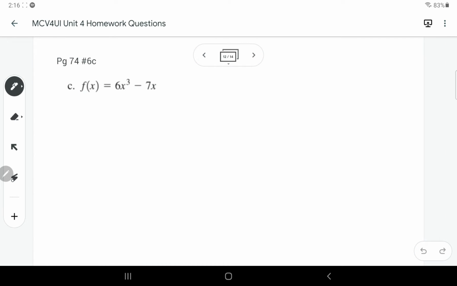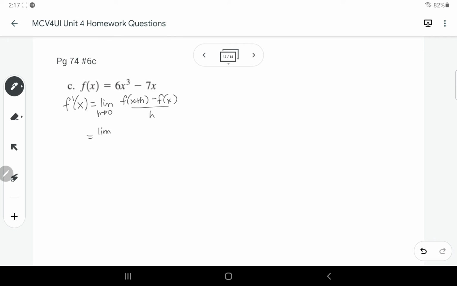The next one is from page 74, and this is looking at the derivative from first principles. So here we want to say f prime at x is the limit, and this one's going to be pretty big and messy, as h approaches 0 of f at x plus h minus f at x over h.